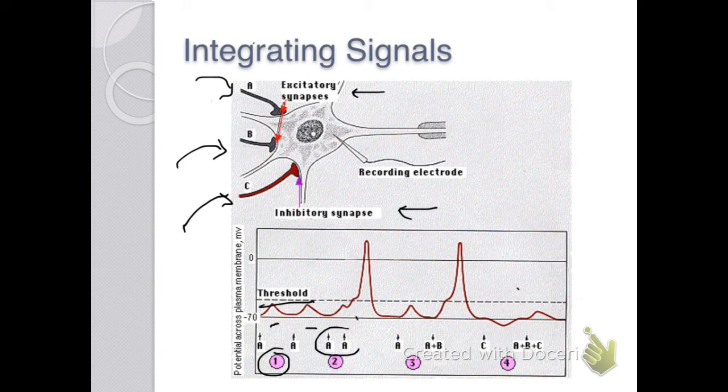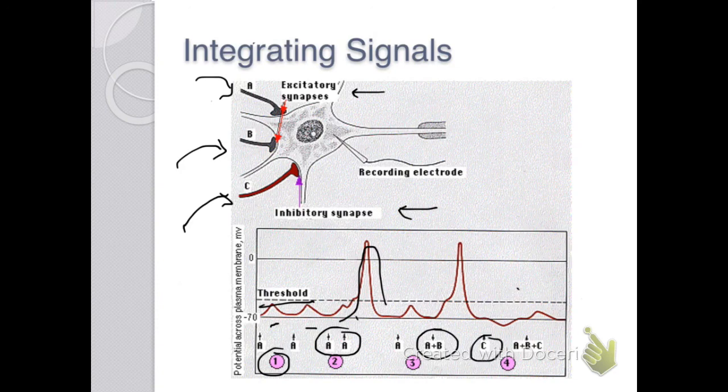But if we receive signals in quick succession from neuron A, then that would be enough to build an action potential. In addition, if we get signals from neurons A and B together in quick succession, that will also be a possibility to get an action potential from that and sense whatever is causing that sensation.